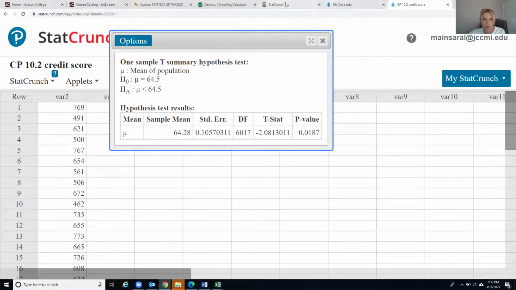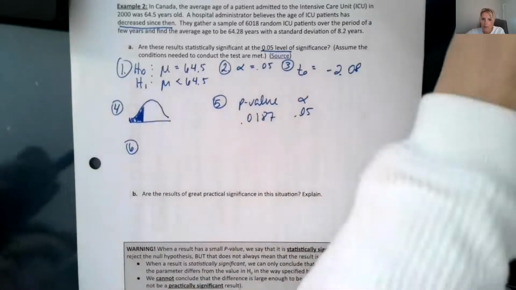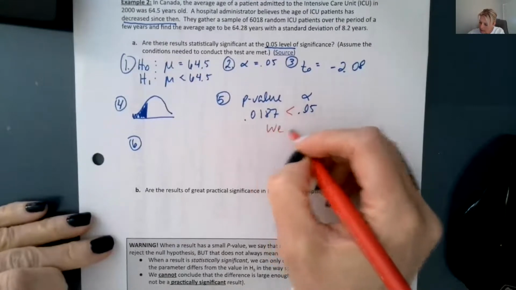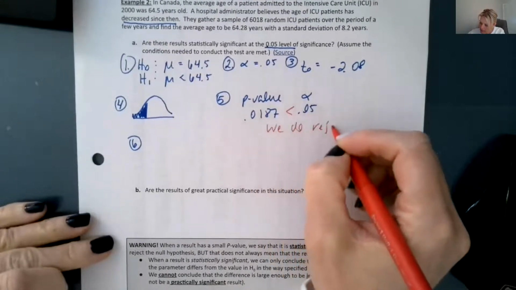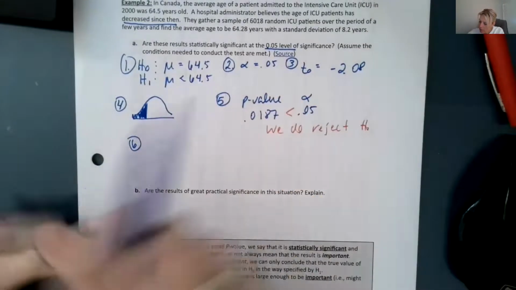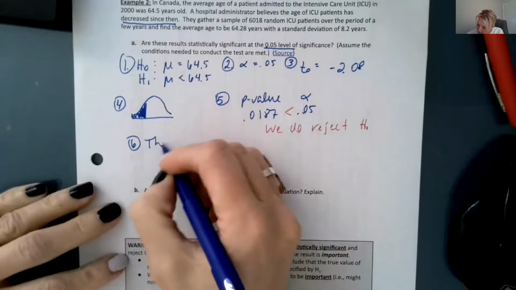So let's compare that to our alpha that we had discussed. Compared to our alpha of 0.05, it is less than, so we do reject H0.